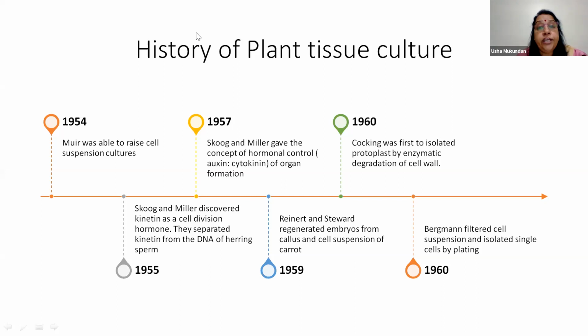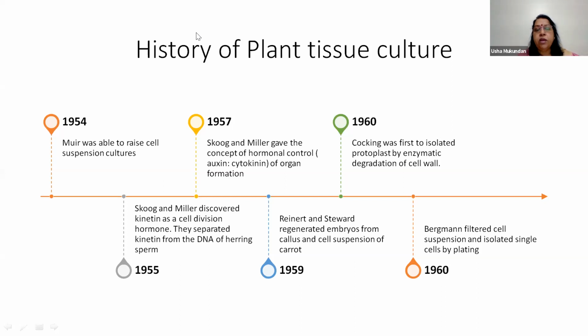So Cochrane used some macerating enzymes and some enzymes which are capable of breaking down the cell wall. As you know, the cell wall is mainly made up of cellulose, and the cementing material is in the form of hemicellulose and pectin.